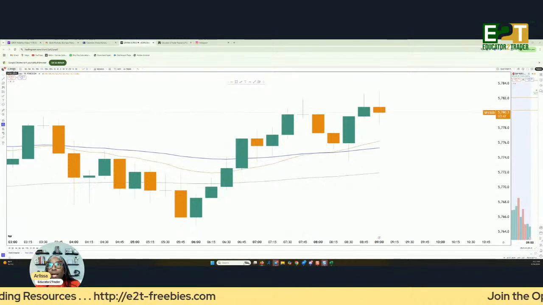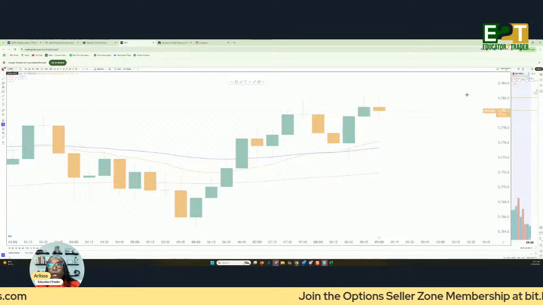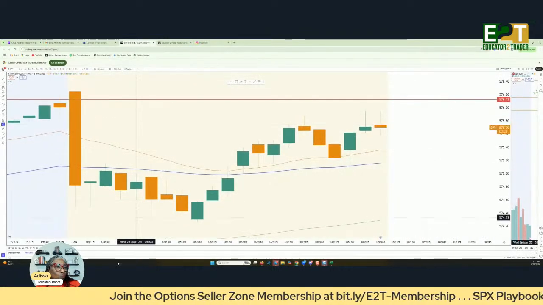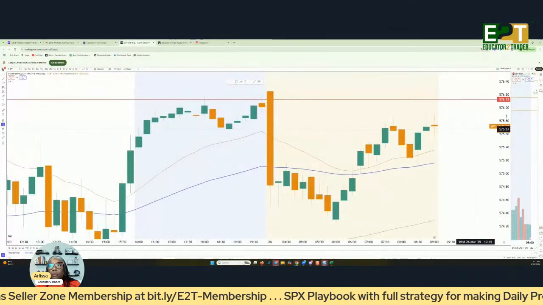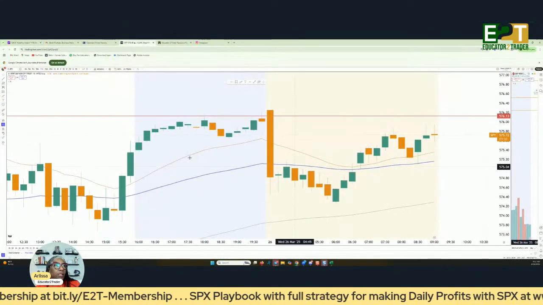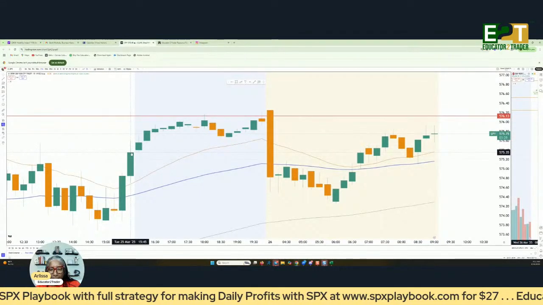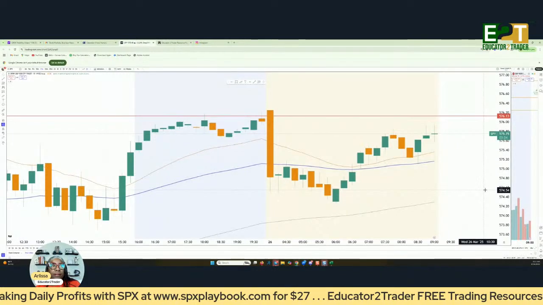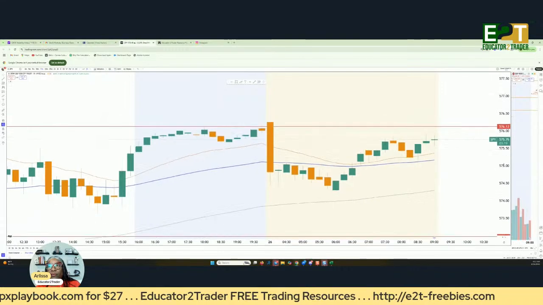All right, let's go look at SPY, see what it's got going this morning in the pre-market. SPY closed yesterday at, what's this, 575. And it's currently at, where is we currently? We're at 575 right now.